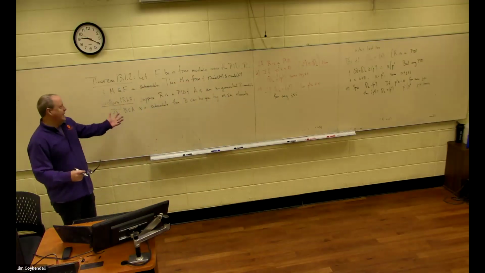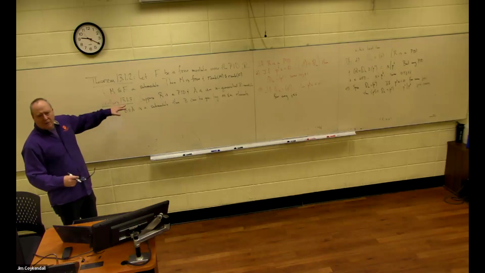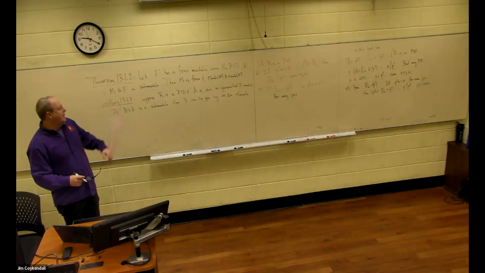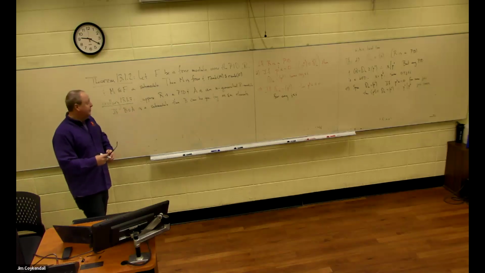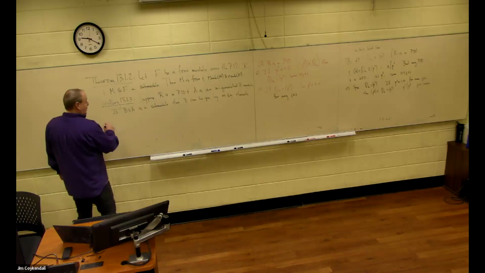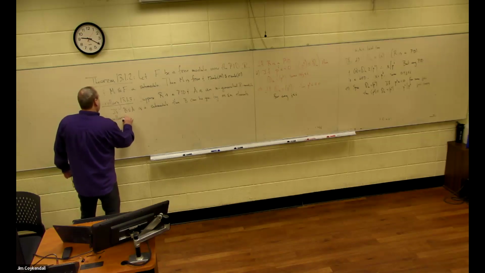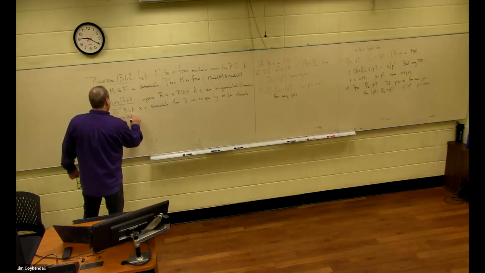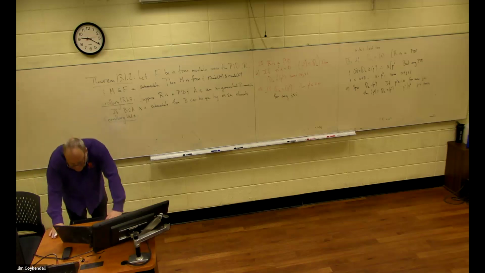So if you have a module over a PID generated by n elements, then any submodule is generated by n or fewer elements. I'm going to give you one more corollary, and then I'm going to make some remarks about why PID is important and why some of these corollaries follow.